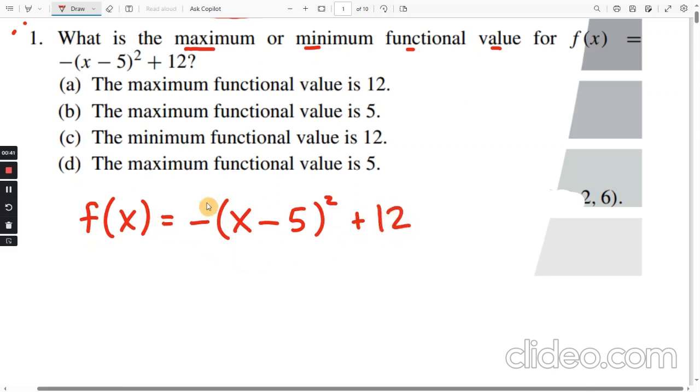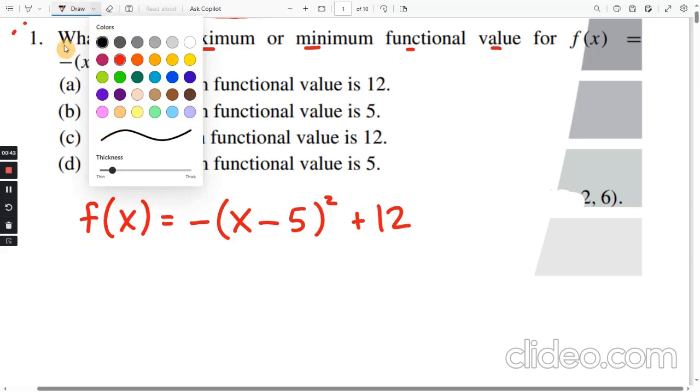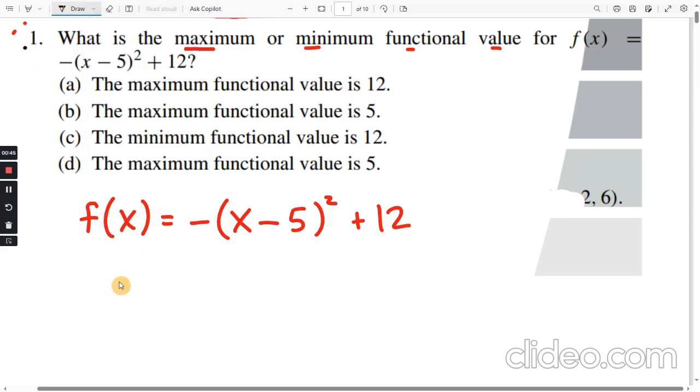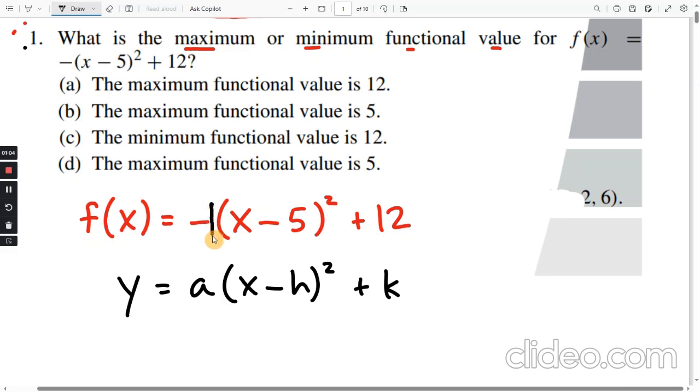Now I can see this function is in vertex form. Vertex form is basically y equals a times (x minus h) squared plus k. Now there's no coefficient here, so we can assume it is just negative 1.